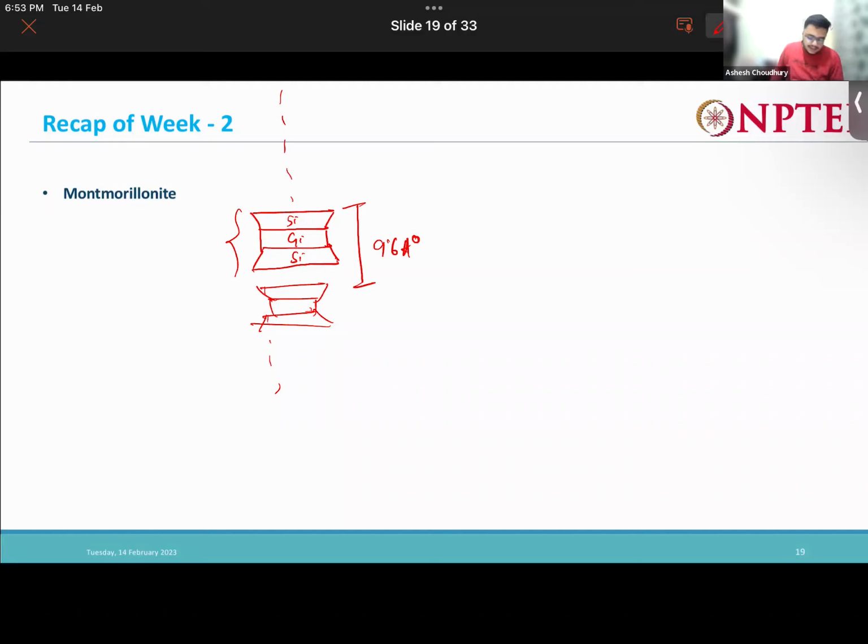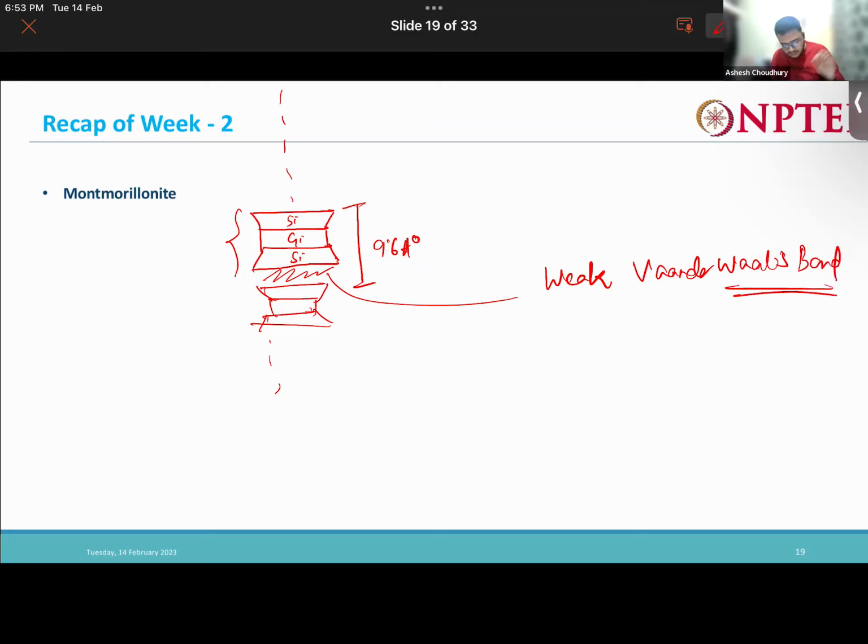Now, the main thing here is that the bonds present are very weak van der Waals bonds. Due to these weak bonds, any metal ions or water molecules can easily enter and occupy this space.